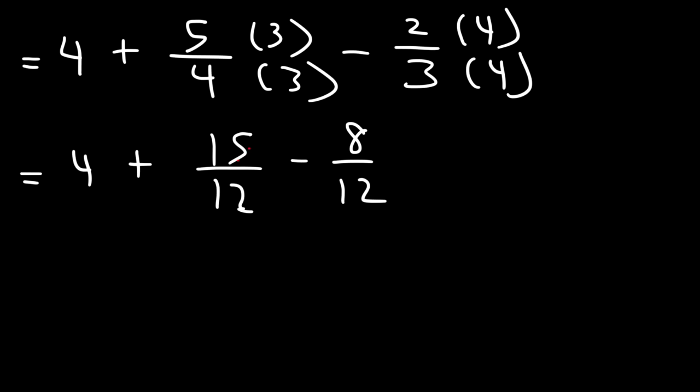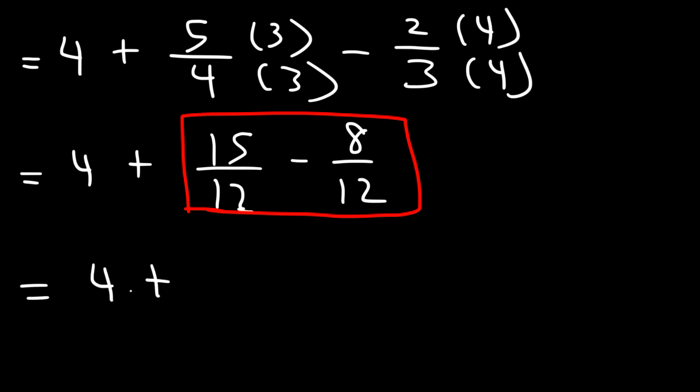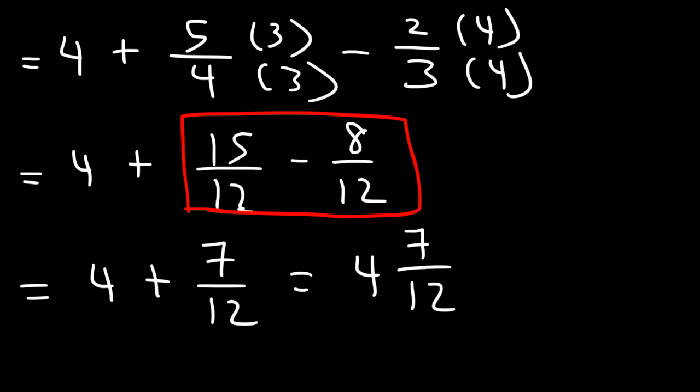So now let's go ahead and subtract these two. So 15 minus 8, rather, is 7. And so the final answer is 4 and 7 over 12.